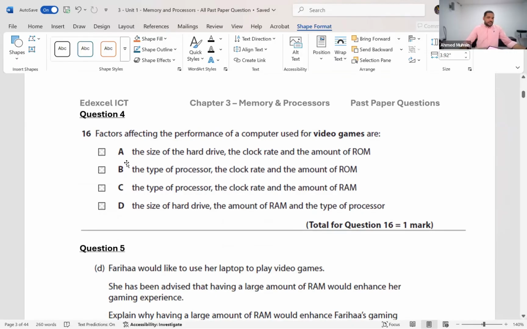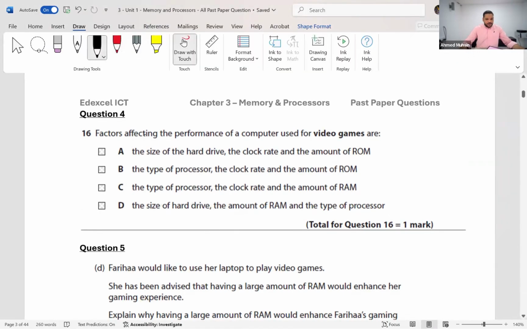Now, if you look at answer A, hard drive matters. Clock rate means speed of the clock cycles per second. The processor, number of hertz. Does the processor speed matter? Most definitely, yes. Does the amount of ROM matter? No. So answer A is out.